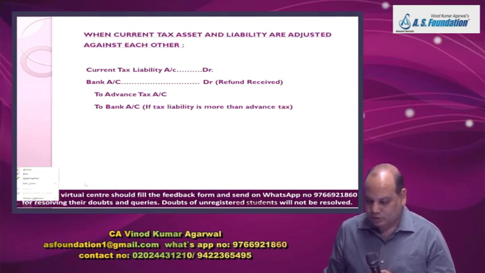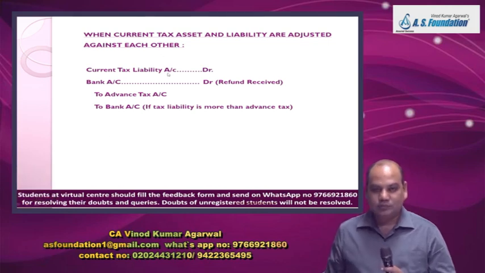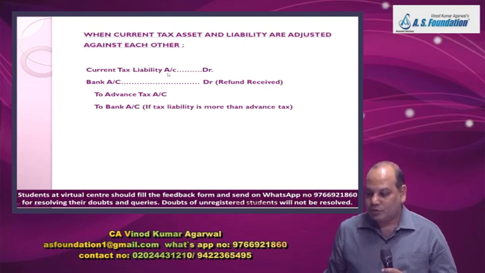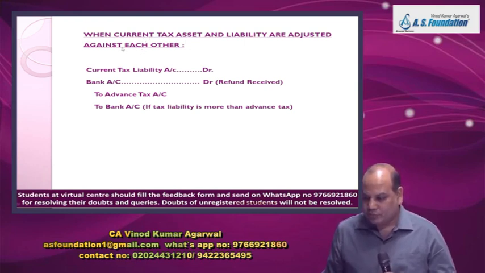Now suppose your income tax assessment is over. After your assessment is over, you have to close these two accounts for that particular financial year. How do you close it? Current tax liability account debit, bank account debit if your luck is good and you receive the refund.